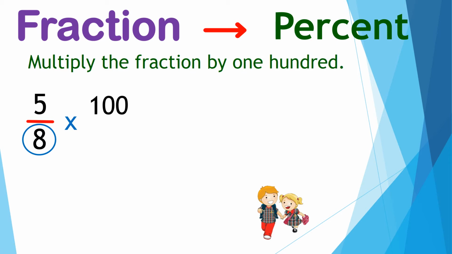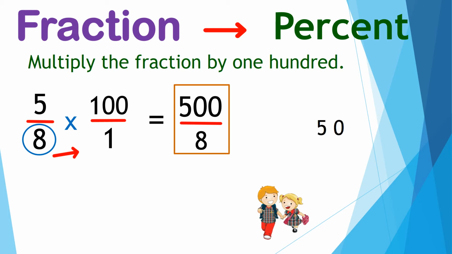Since 100 is a whole number, converting it to a fraction comes with 1 as the denominator. We now have 5 times 100 as 500 and 8 times 1 remains 8, leaving us with a fraction of 500 over 8 or 500 divided by 8.